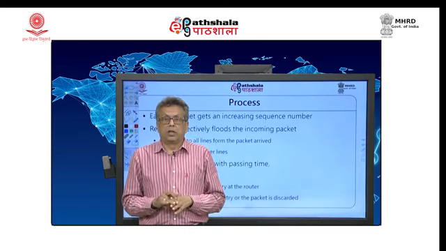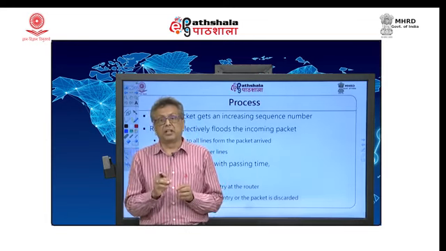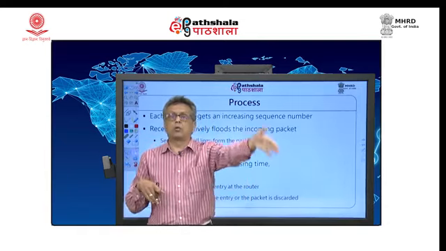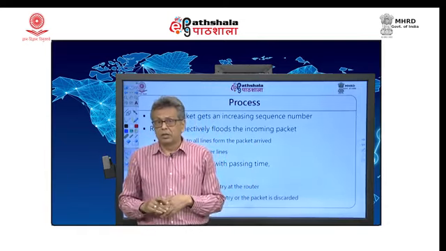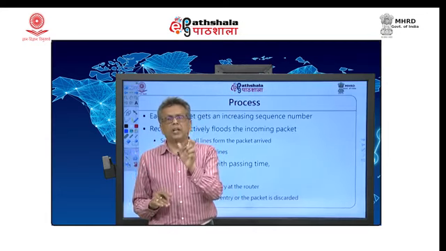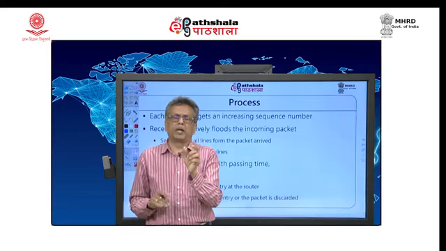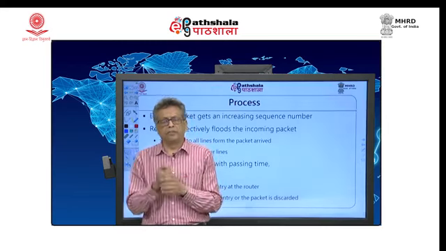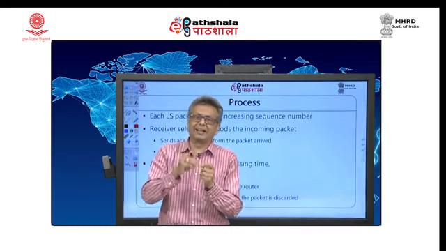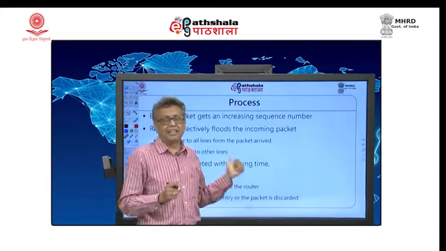Now, the receiver will receive it, but then all subsequent packets will be lost, because it will assume that all subsequent packets 11, 12, 13, 14 are older packets, and will not accept them. So, what is the solution to this problem? We will only store this packet for some time and then throw it away. Every packet is not stored for a very long period. So, that entry has to be purged, and age will help.